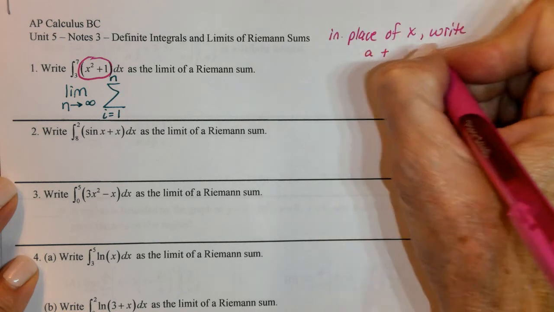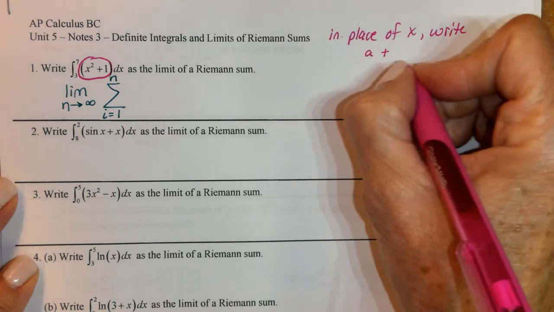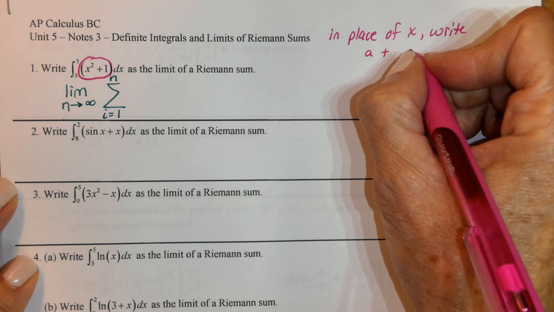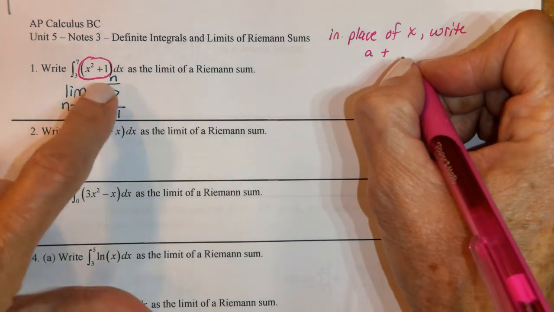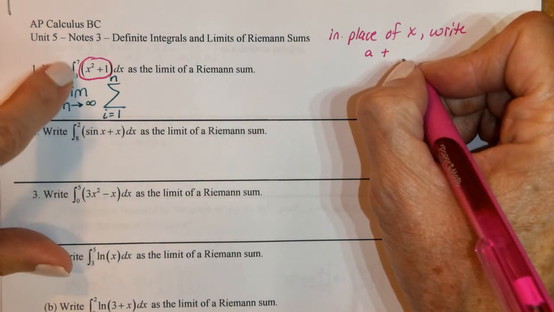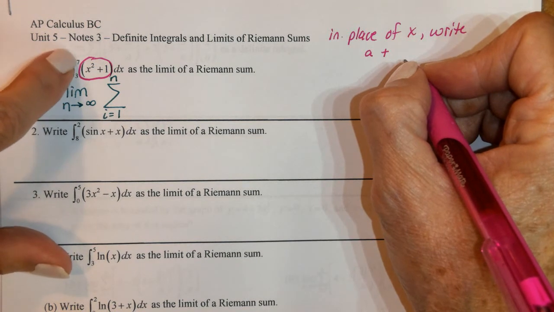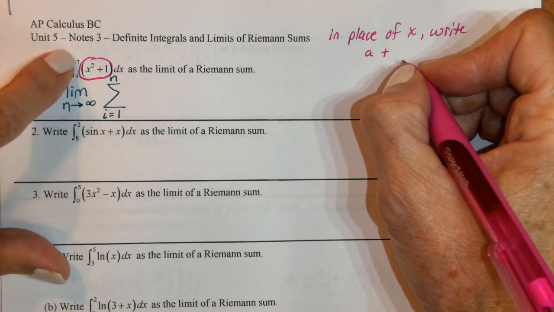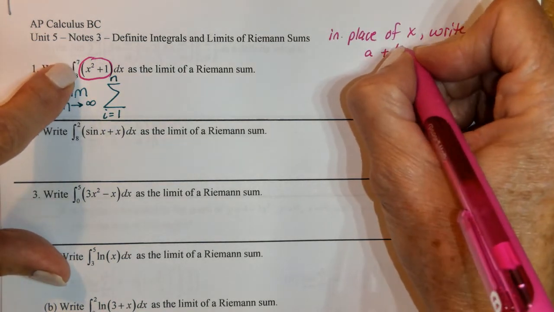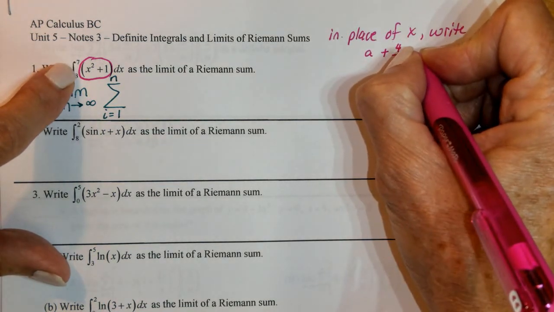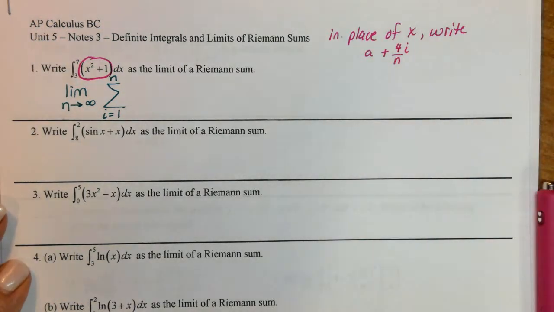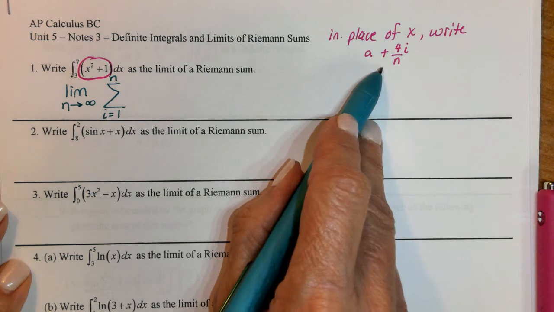A plus change in x, delta x times i, where delta x is the change in x, b minus a over n. So 7 minus 3 is 4 over n times i, 4i over n. So in place of x, we're going to write this.